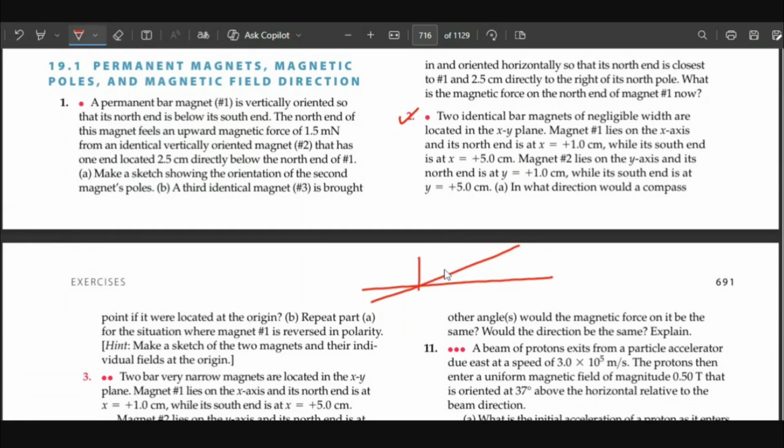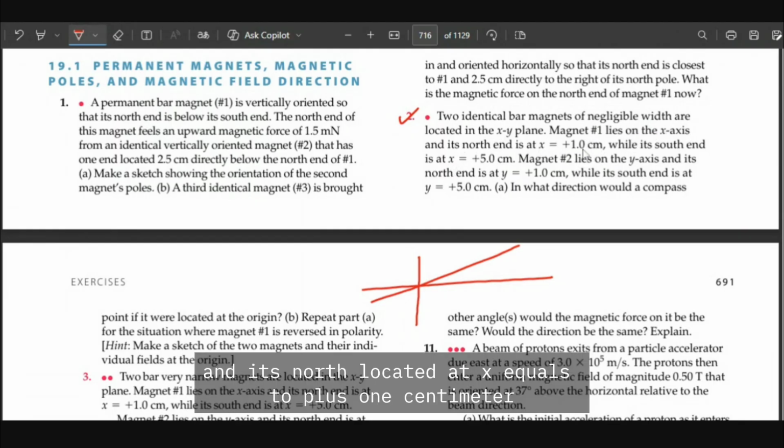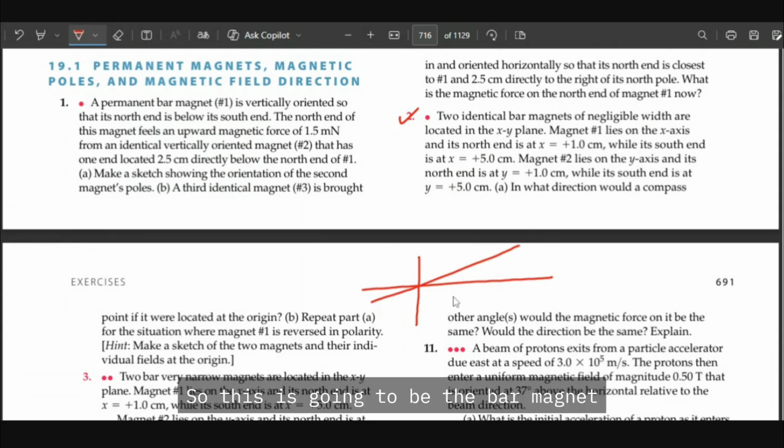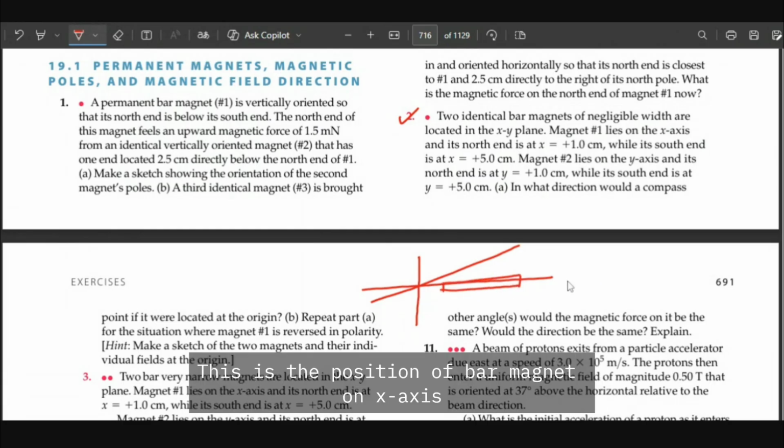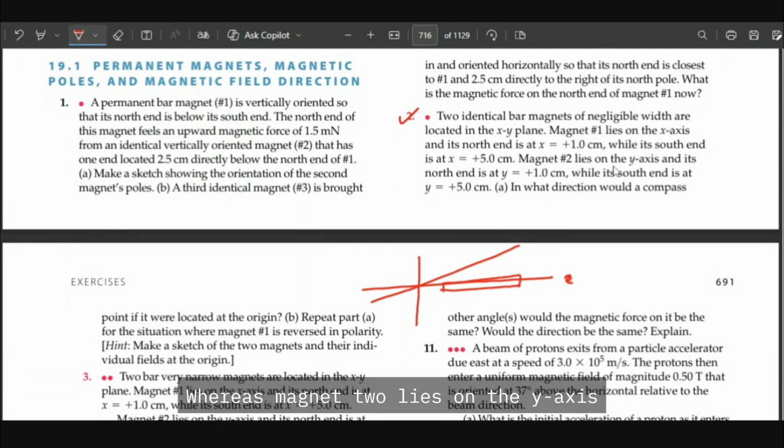plane, that is Z. The question says the first magnet lies on the x-axis and its north is located at x equals plus 1 centimeter and its south is located at 5 centimeters. So this is the position of the bar magnet on the x-axis. Whereas magnet 2 lies on the y-axis, its north end is at plus 1 while its south end is at plus 5.